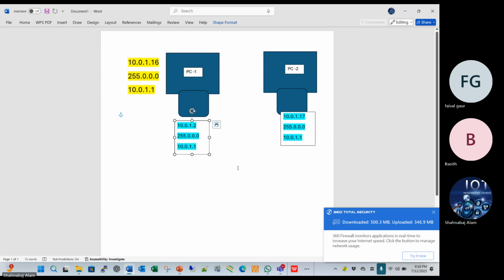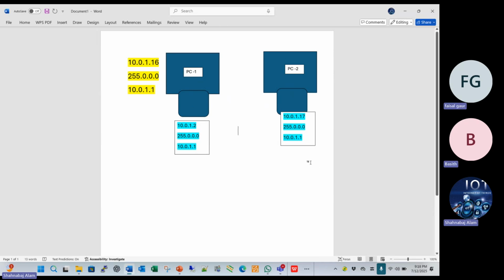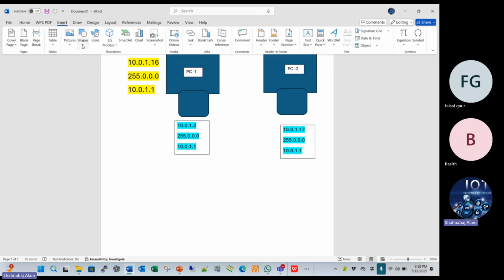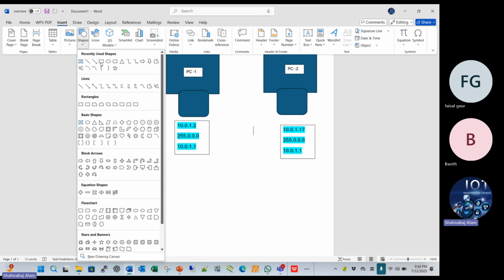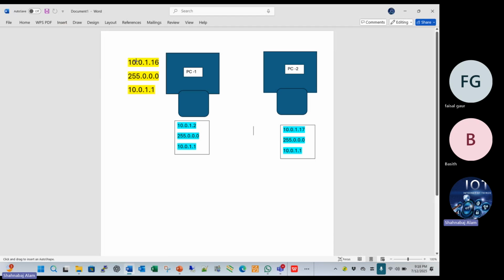Hello, are you here? Yes, sure. So now I connect both PCs. This PC is connected to this PC.